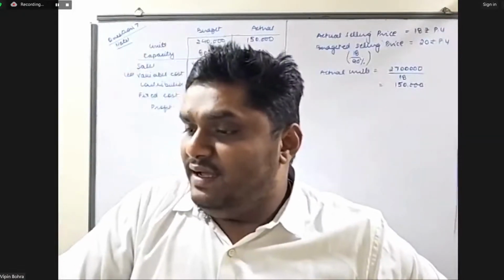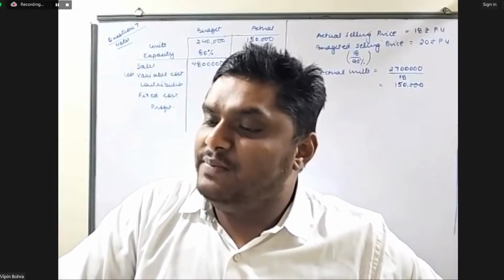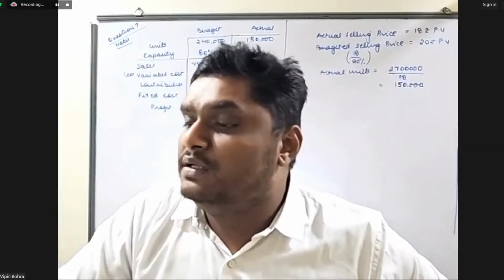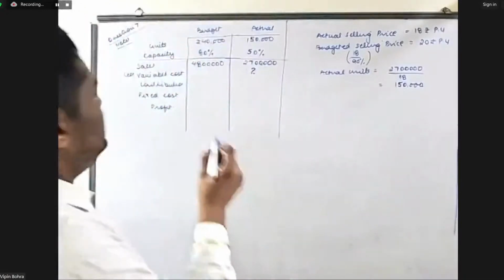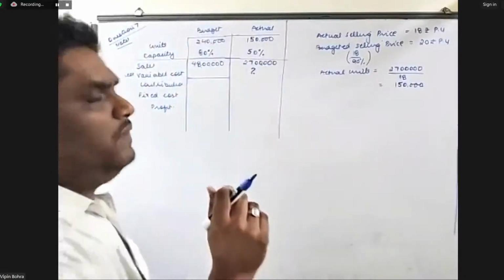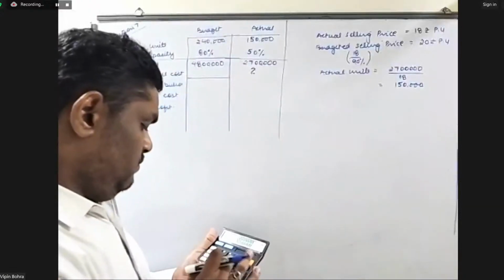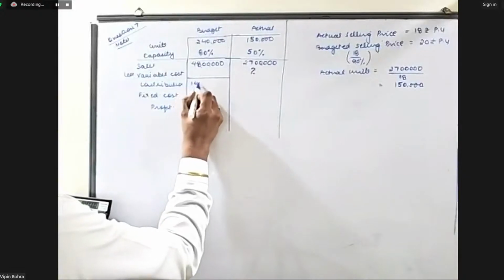So see, let's read the question once again. At budgeted activity of 80% of the total capacity, the company earns a PV ratio of 30%. If my PV ratio is 30%, it means my contribution will be how much? 14,40,000.